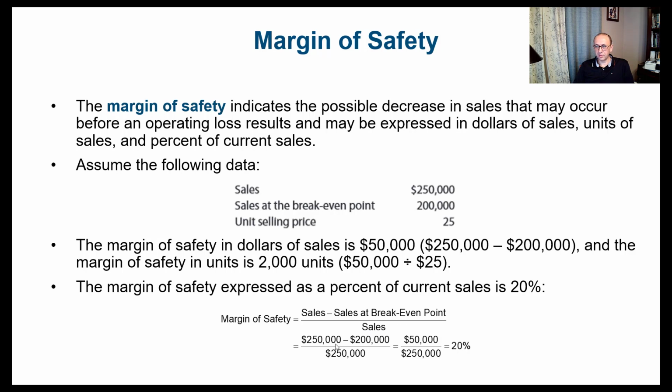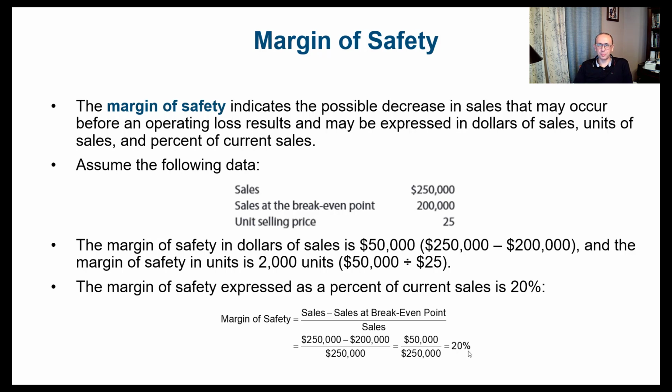So $250,000 minus $200,000 divided by 250,000, that would give us 50 over 250, which is 20%. So the company can still lose up to 20% of their sales, and they can still break even. Anything more than 20% of their sales, then this would be dangerous. That would take them into the red zone where they would have losses.